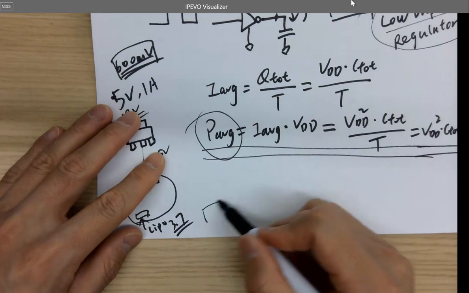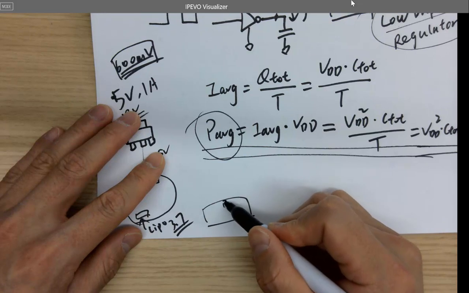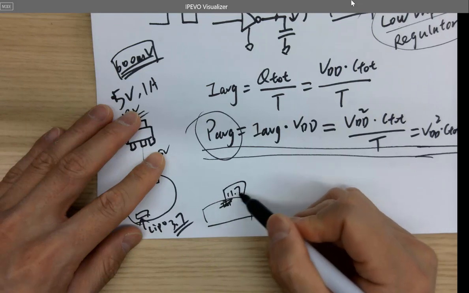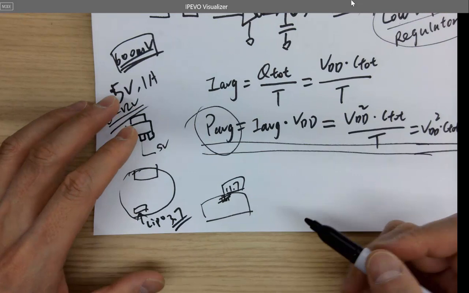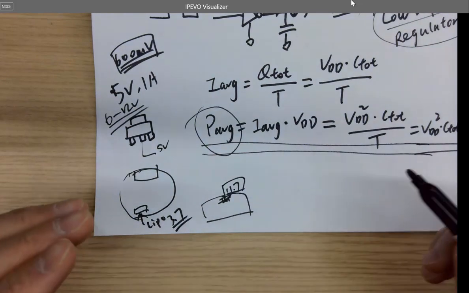And you can see some of the LiPo batteries have a rating like 11 point something, I forgot the exact value, but usually it's 11.7, I think. That's the voltage rating of it. This is standardized, you know what I mean? LiPo batteries are 1 cell, 2 cells, 3 cells.